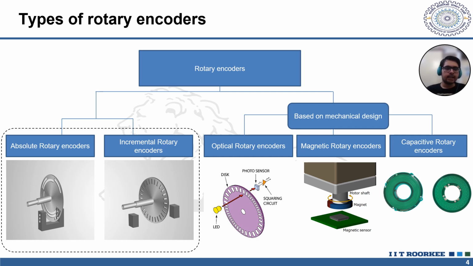In incremental type, we can detect a certain number of pulses in every revolution. It can be used to measure the change in position and not the absolute angular position of the shaft. Also, based on the mechanical design, we have optical encoders, magnetic encoders, and capacitive encoders. We will discuss the structure as well as the applications of each type in the upcoming slides of the presentation.